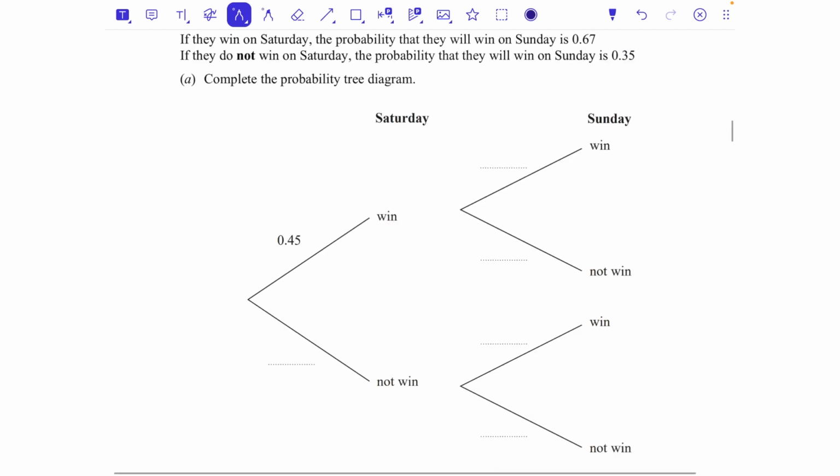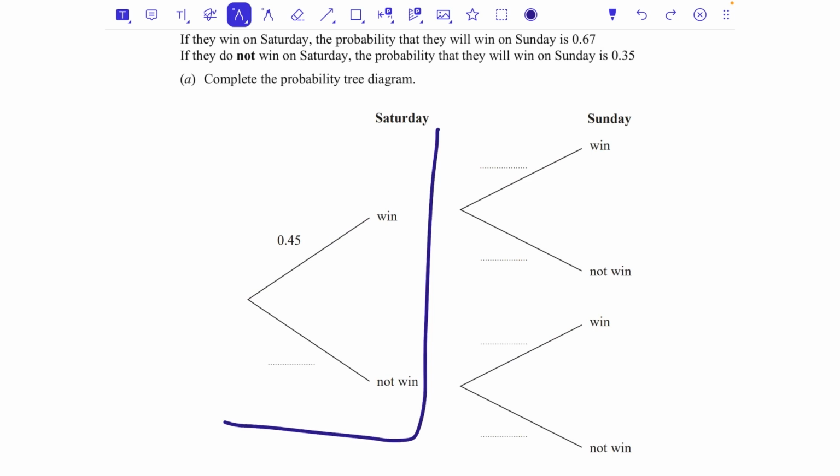So always your branches, this branch, this branch, this branch, always need to add to make 1. So if we know the probability of winning on Saturday, Saturday is looking at this branch here, is 0.45, then your probability of not winning is going to be 0.55, because we know that either winning or not winning is going to need to add to make 1. We're certain that one of those two things is going to happen.